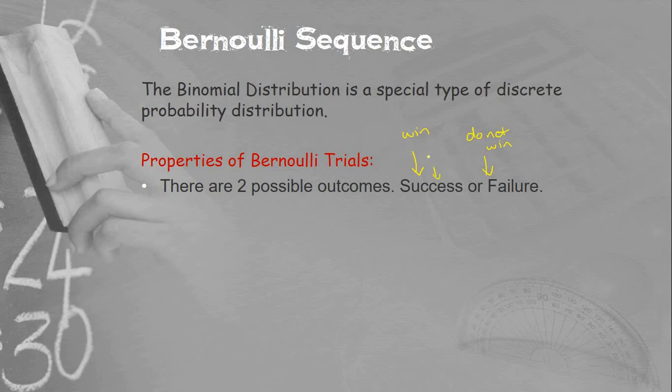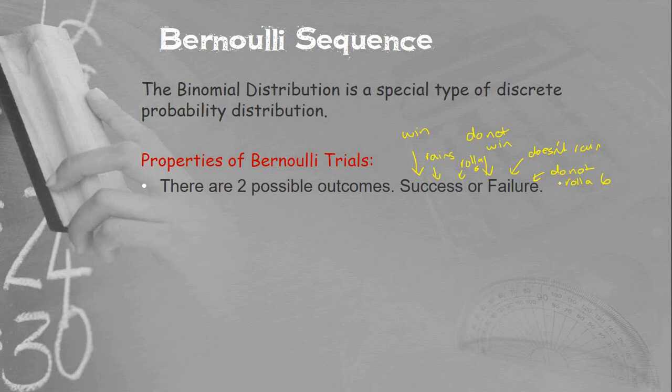Another option could be it rains on a particular day. What would failure be? That it doesn't rain. Okay? In terms of rolling a dice, it could be that we roll a 6. Our corresponding failure would be that we do not roll a 6. Hopefully you see what we're doing here.